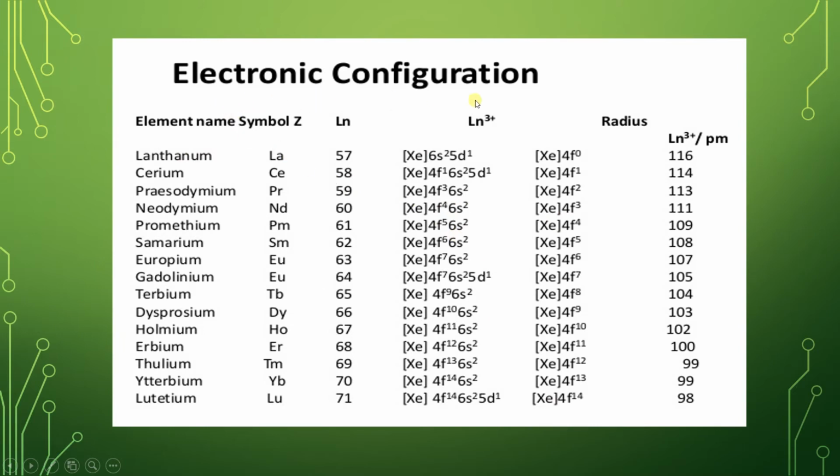Then, electronic configuration of lanthanoid series. So this is element name, symbol, then atomic number. The lanthanide series starts from lanthanum, symbol La, atomic number 57. Next cerium, Ce 58.